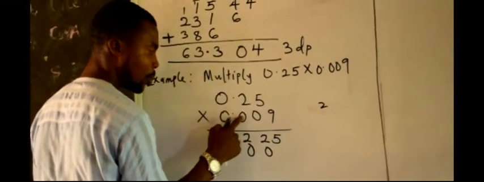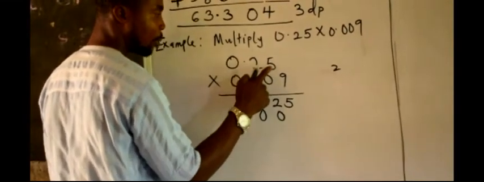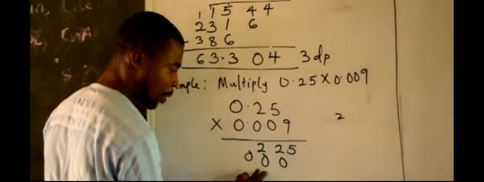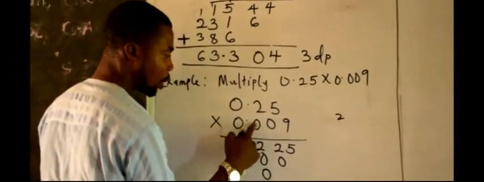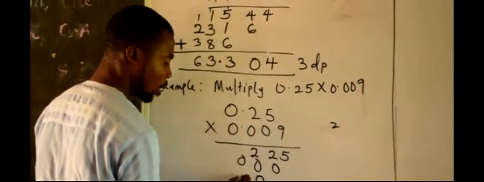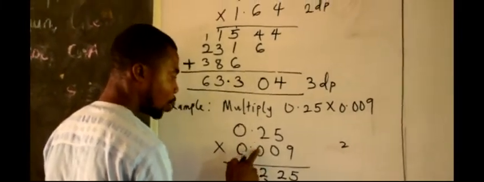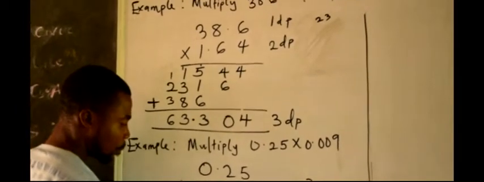I want to use the third number now. 0 times 5. I'm writing the number here. 0 times 5 is 0. 0 times 2 is 0. 0 times 0 is 0.